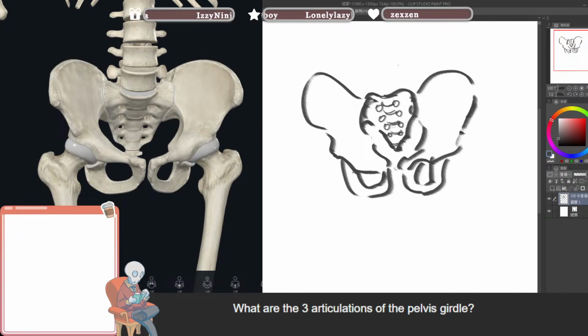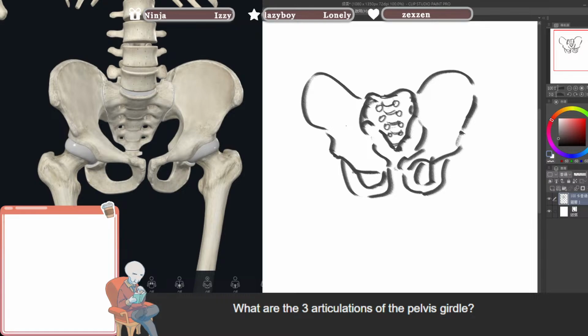So this entire thing is the pelvic girdle, and there are 3 articulations. And what articulation means is the conjoining part, the place where bones join together.